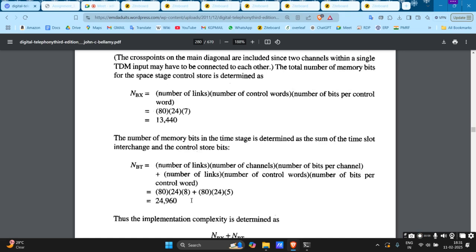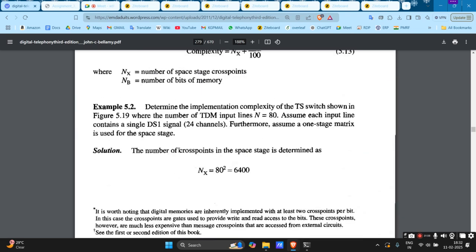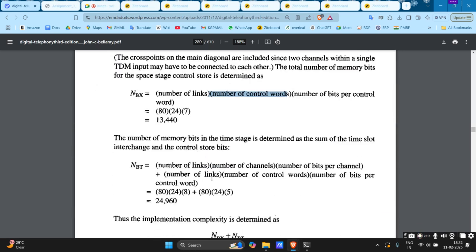So the number of memory bits from the space stage is determined as number of links. So there are 80 links. Number of control words means how many channels are there. So there are 24 channels, so the number of control words will be 24.